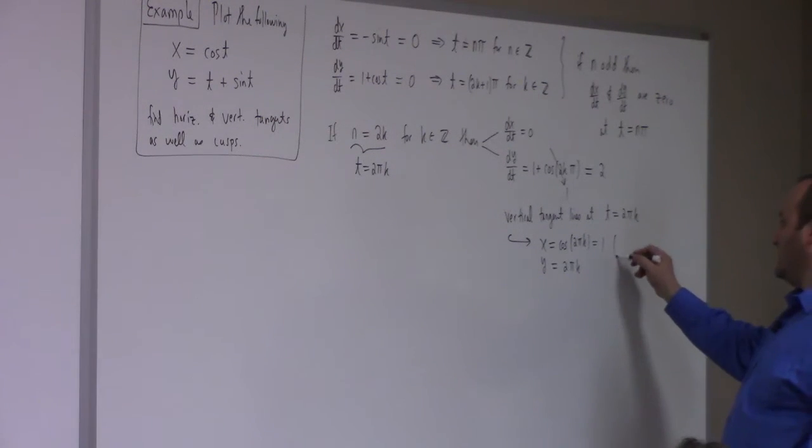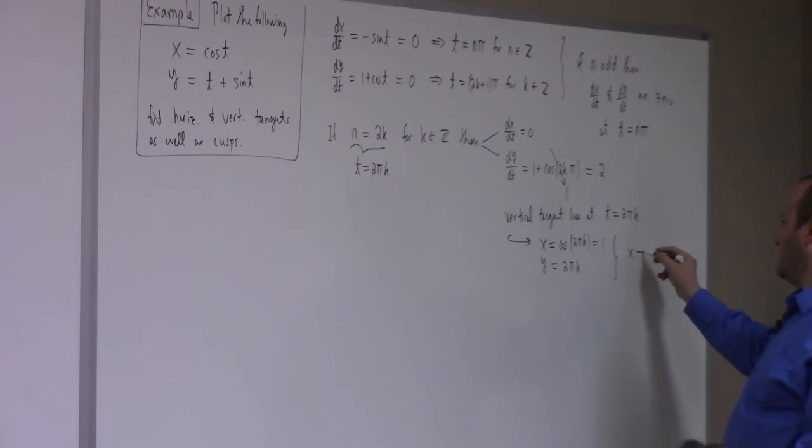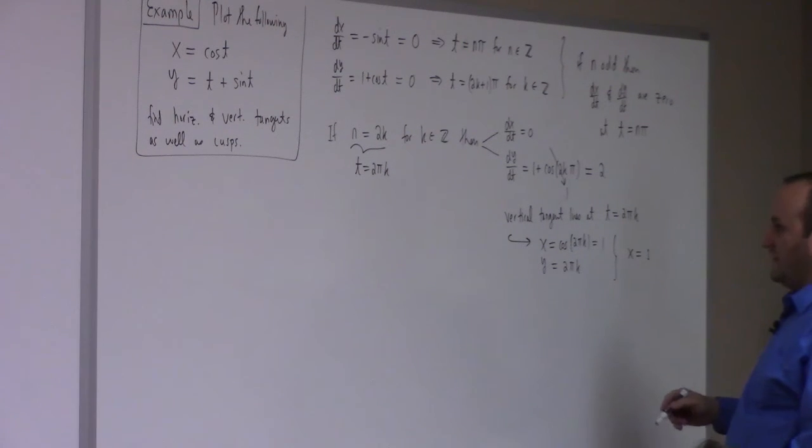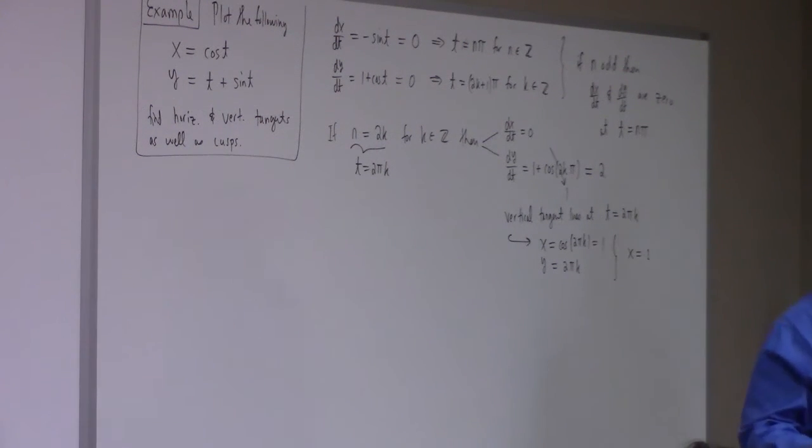So the Cartesian equation of the vertical tangents is just x equals 1. If you want to parametrize it, it's x equals 1 with y equals 2t.